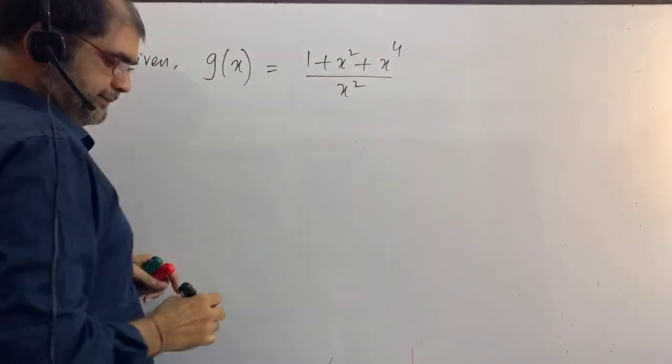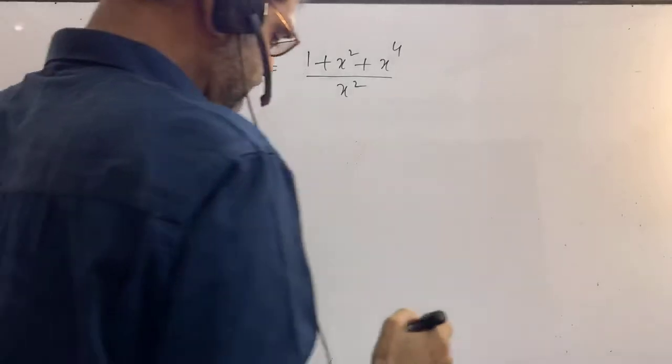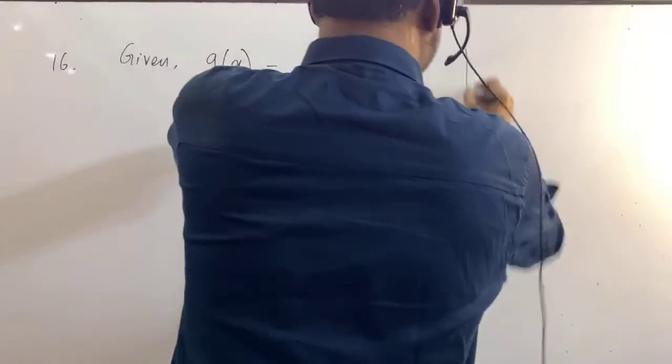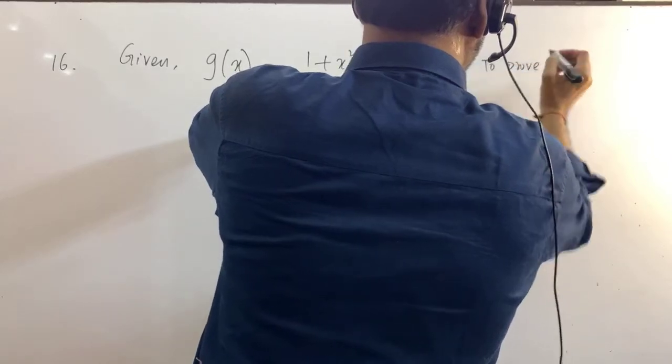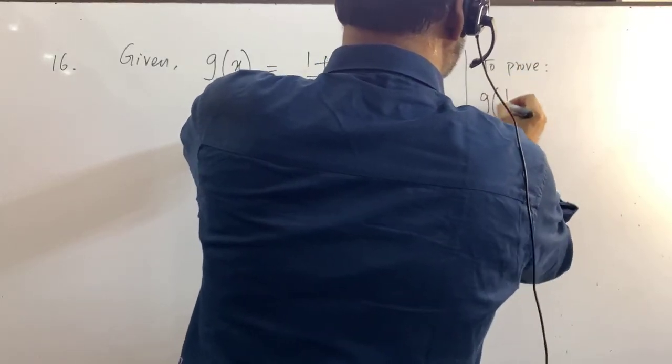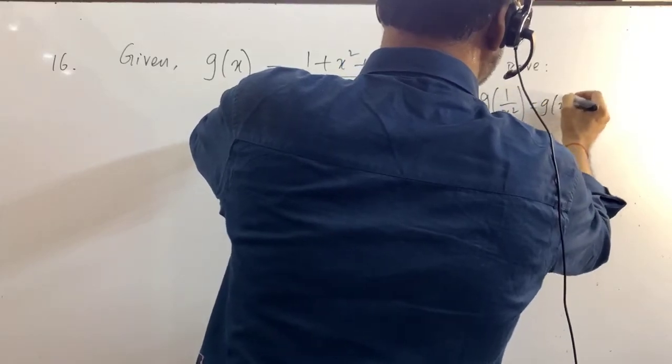This is given. Now you have to prove that g of 1 by x square is equal to g of x square.